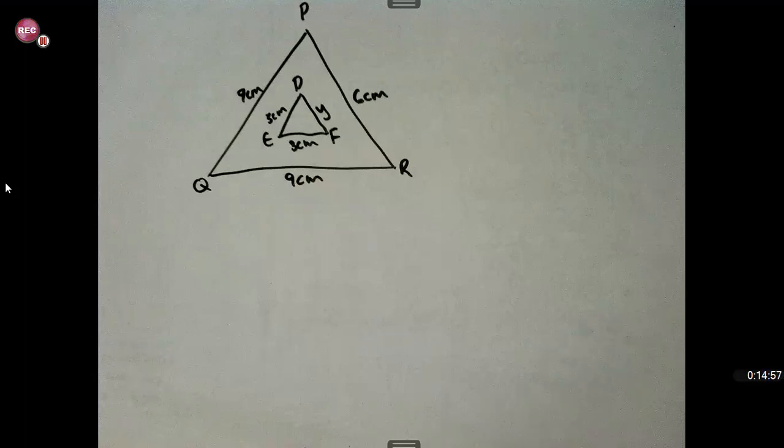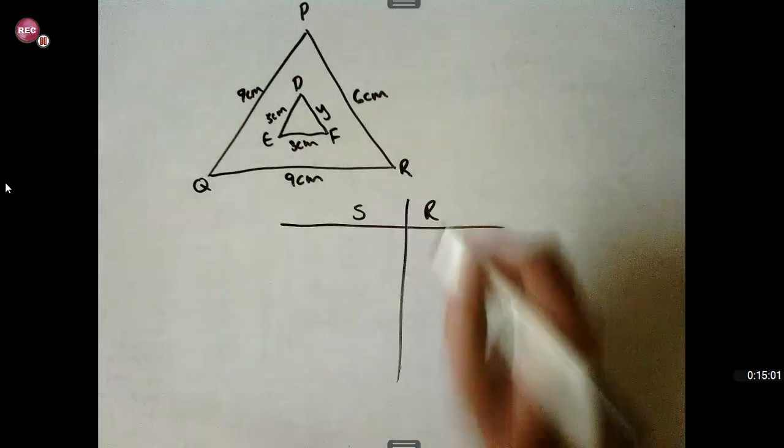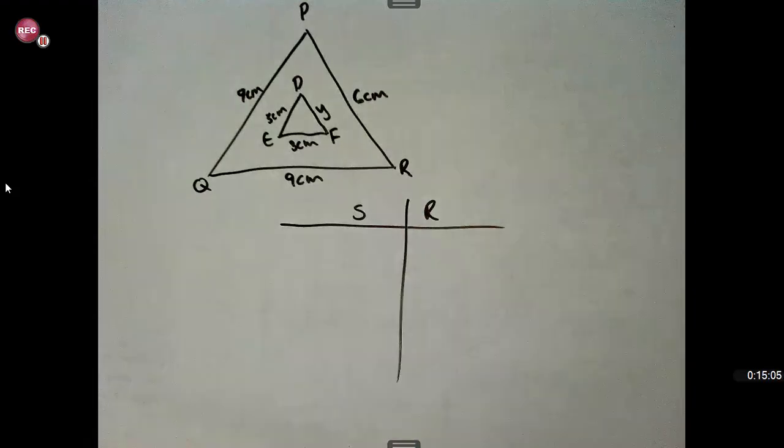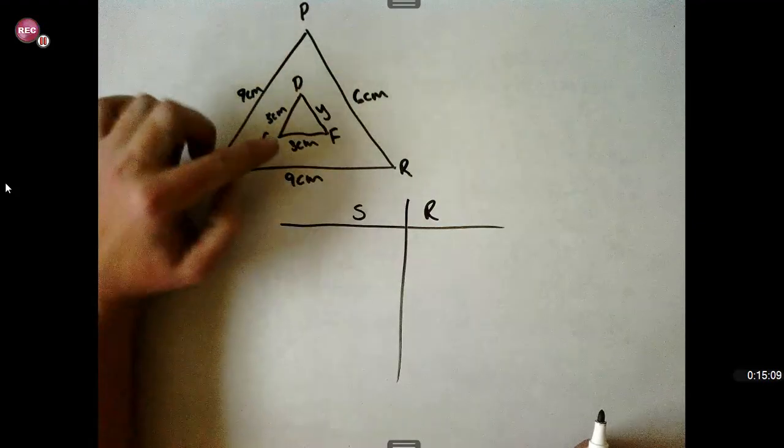If we calculate, statement and reason are very crucial here. So we're going to take the big triangle and put it over the small triangle.